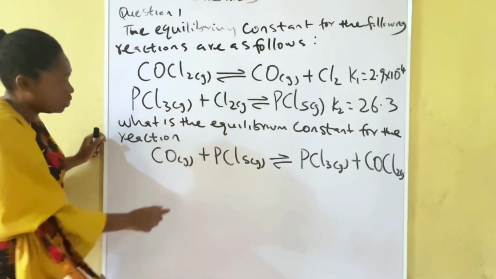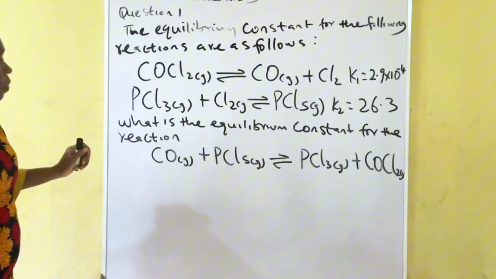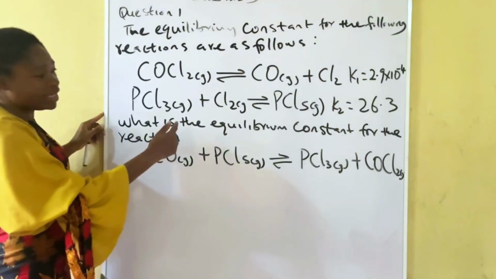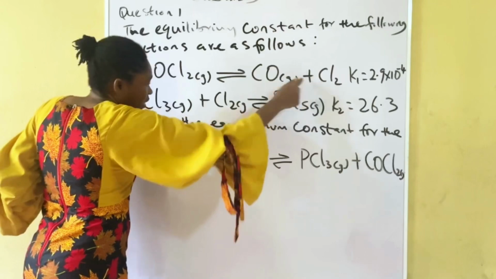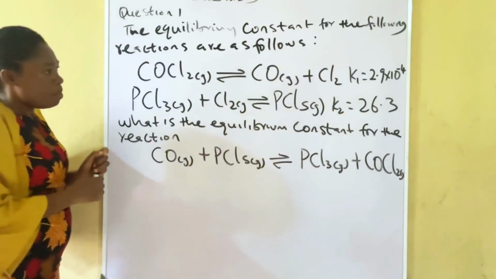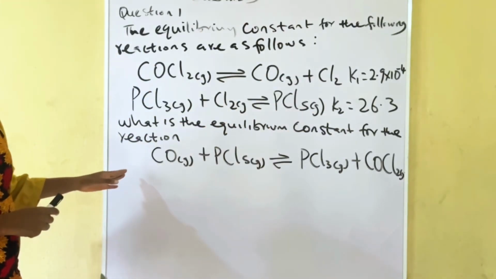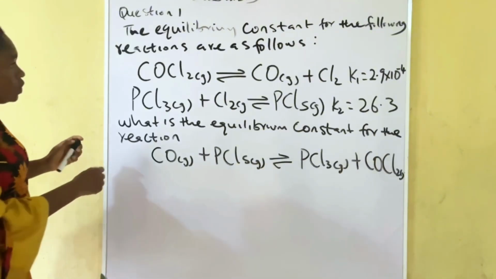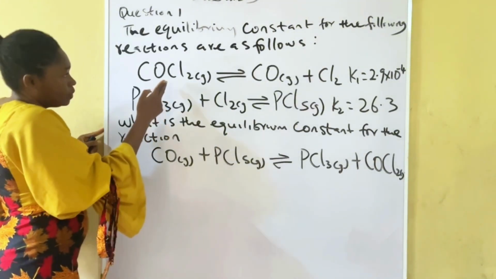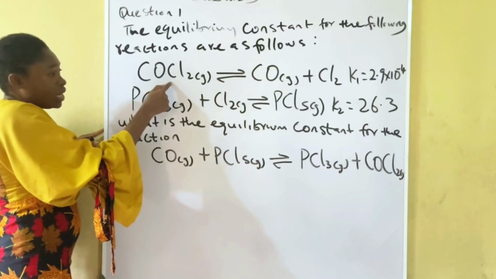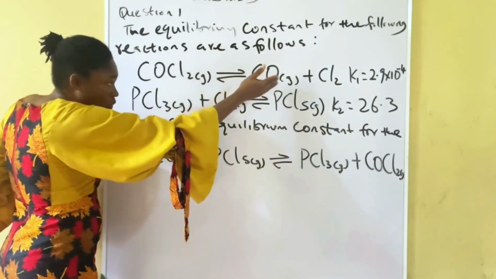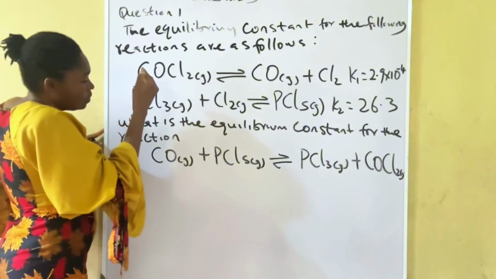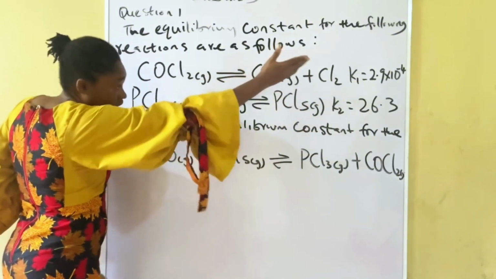What it means is that Cl2 is being eliminated. So this is the overall reaction. But if you look at this overall reaction, you can see that COCl2 gives CO. So in this case, you are seeing CO on the right-hand side, while in equation 1, CO is on the reactant side.